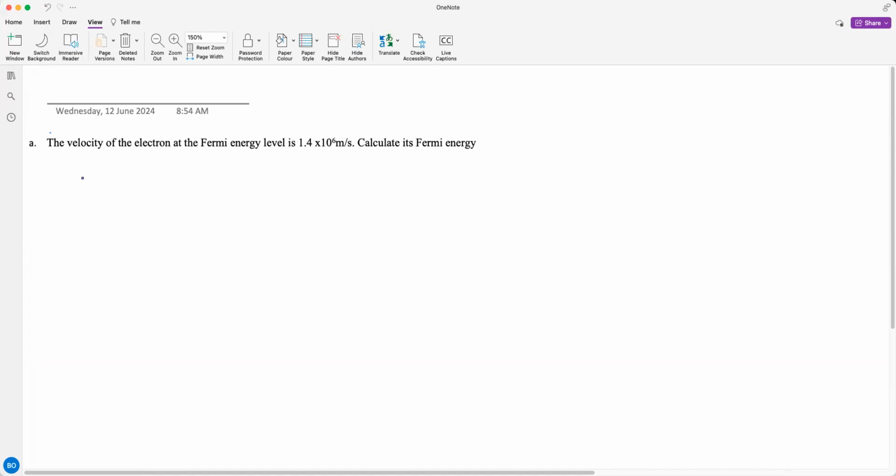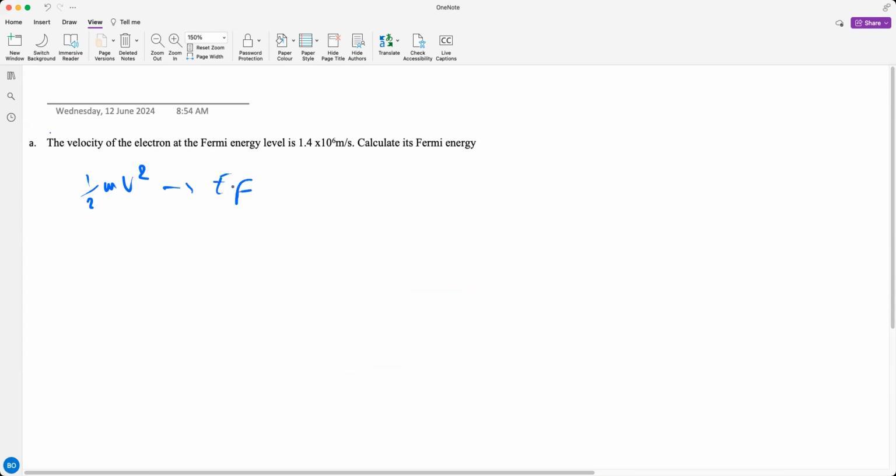Any idea? We are given the velocity. All you have to do is to calculate 1/2 mv squared, and 1/2 mv squared will give you the Fermi level.